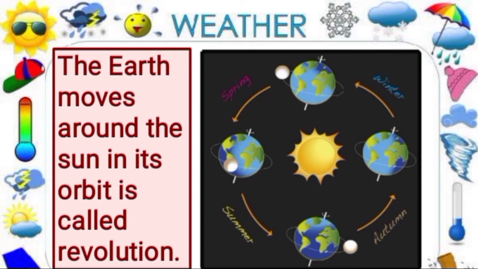That means it is used when one body moves around another, while rotation is used to mean the movement around the axis. For example, the moon revolves around the earth and the earth revolves around the sun. So this movement of the earth around the sun in a fixed path is called a revolution.